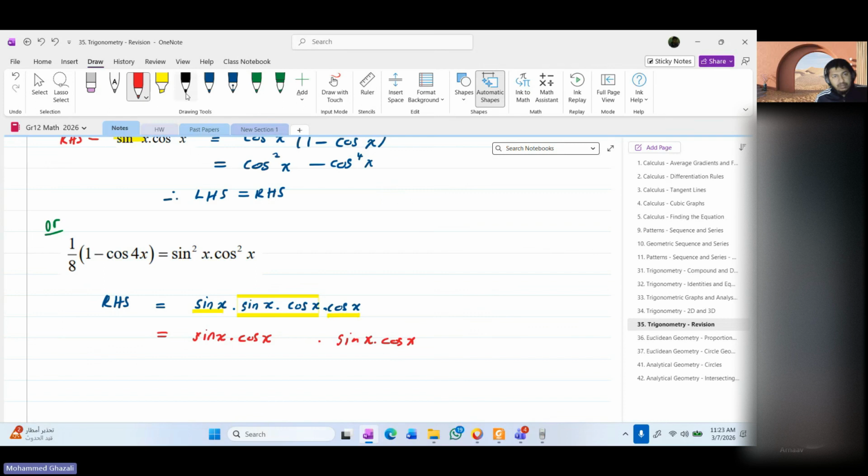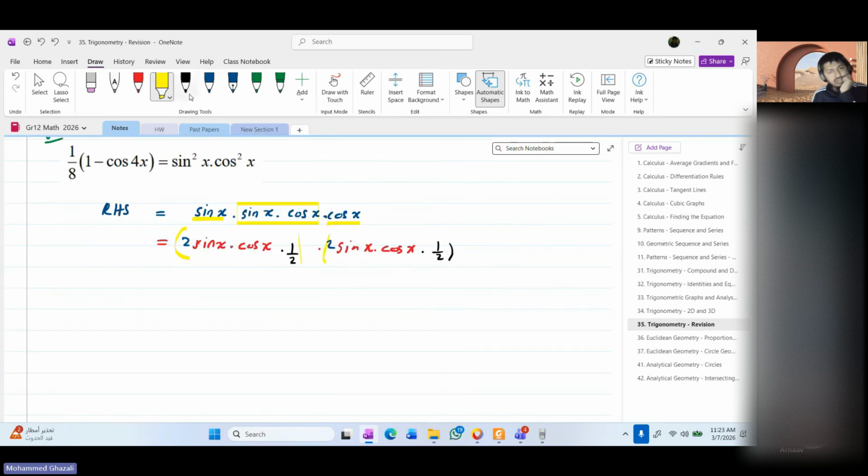And now what I'm going to do is multiply it by 2. So obviously you must multiply by a half as well, 2 times half. So you change nothing here, right? And do the same here, 2 times a half. So you change nothing, 2 times half is just 1. The expression did not change.